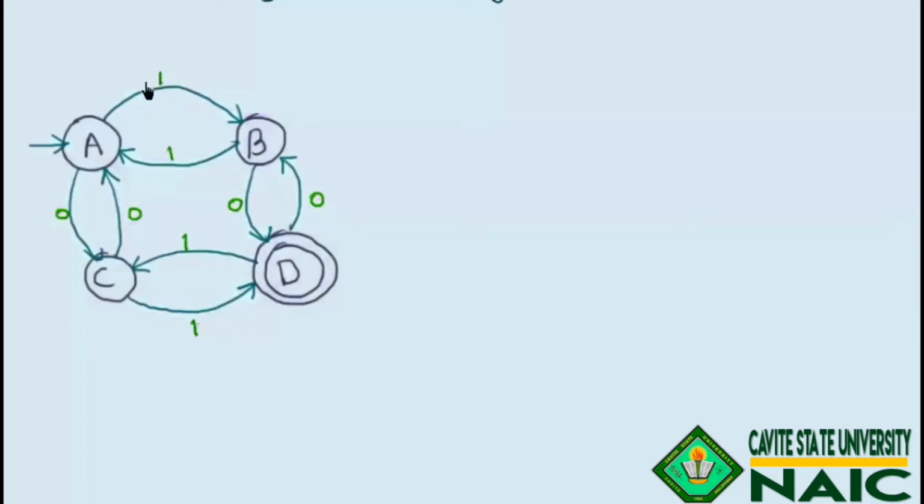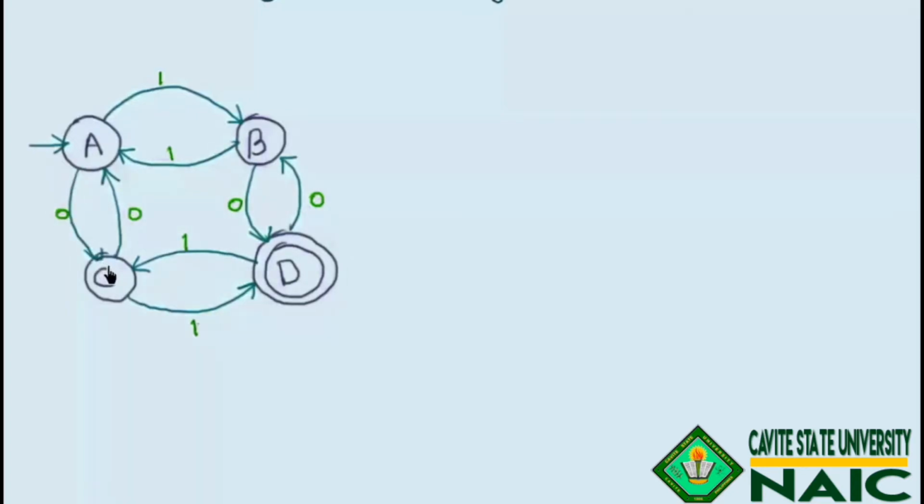The labels of the edges are called inputs. So what it means is that when I'm in state A, and if the input I get is 1, my state goes from A to B. And in the same way, if I'm in state A and I get input 0, then the state goes from A to C.